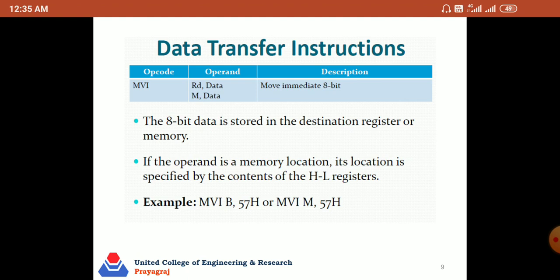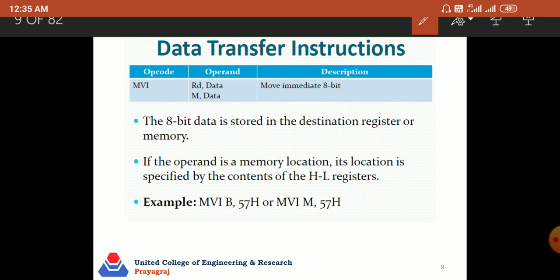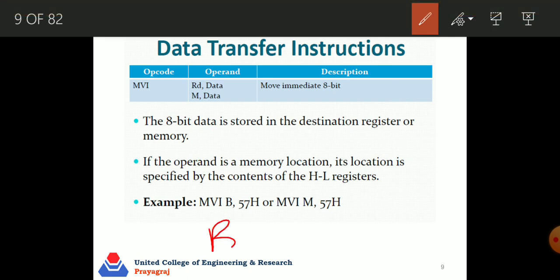After executing this instruction, 57H is immediately copied to B. That means B is equal to 57H.